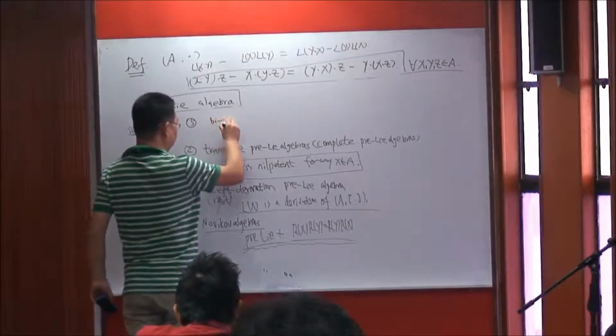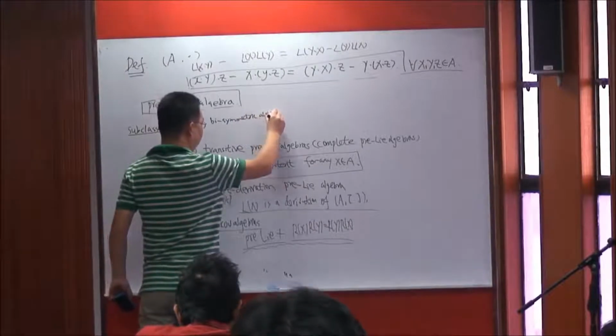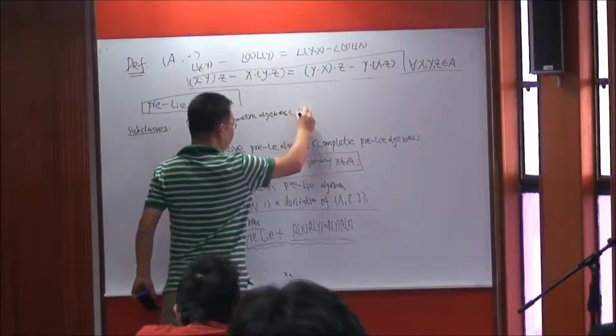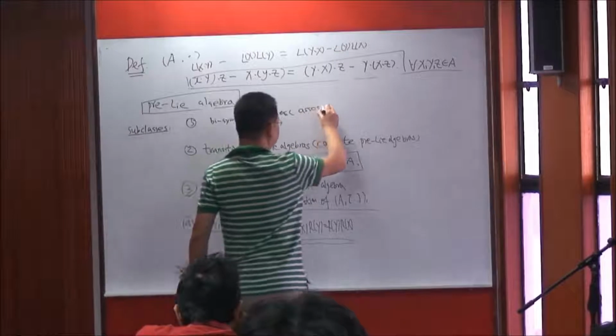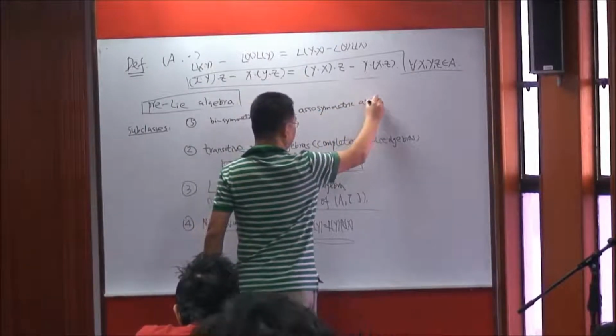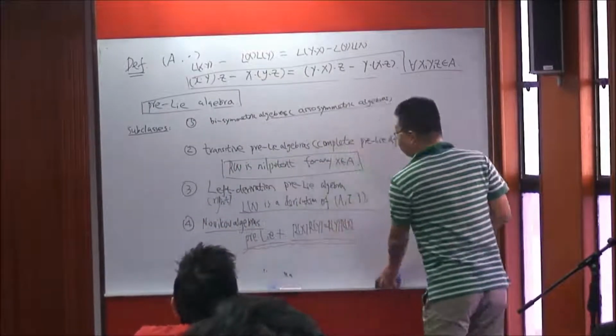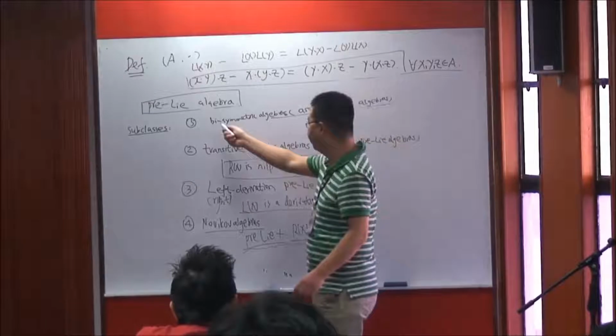Another is the bisymmetric algebra, or associative-symmetric algebra. Why is it called a bisymmetric algebra?